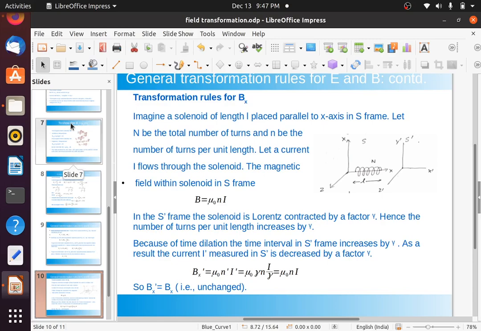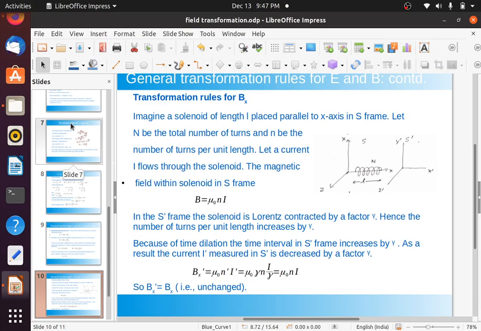Then still one more quantity is left behind, that is the transformation rule for Bx. In order to get the relation, assume that a stationary solenoid is put in the S frame.